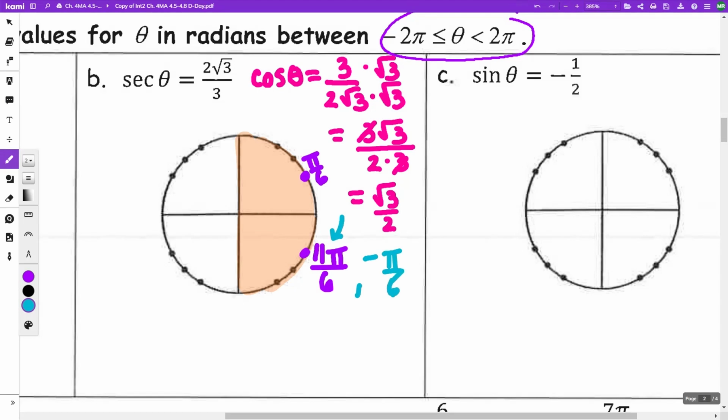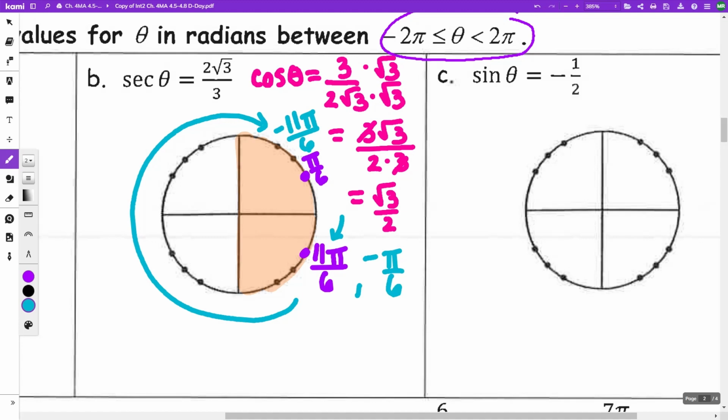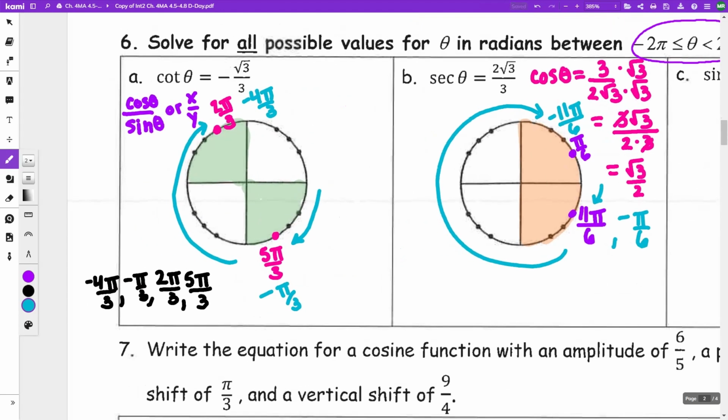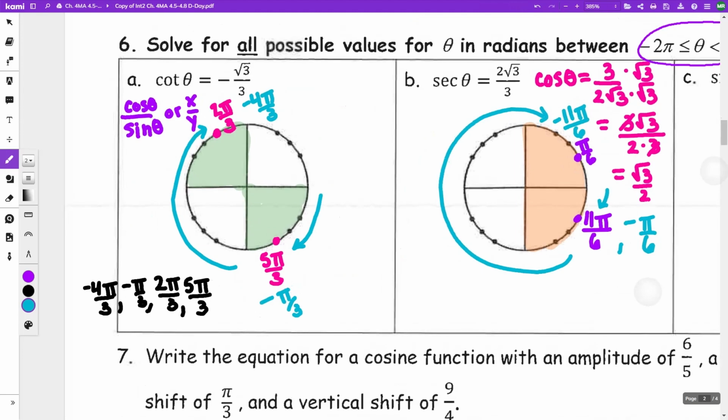And as I continue going around, all the way around to here, this is going to become a negative 11 pi over 6. Now you see how these ended up being opposite signs of the original ones? That's not always the case. That was not the case over here. So don't assume it is.